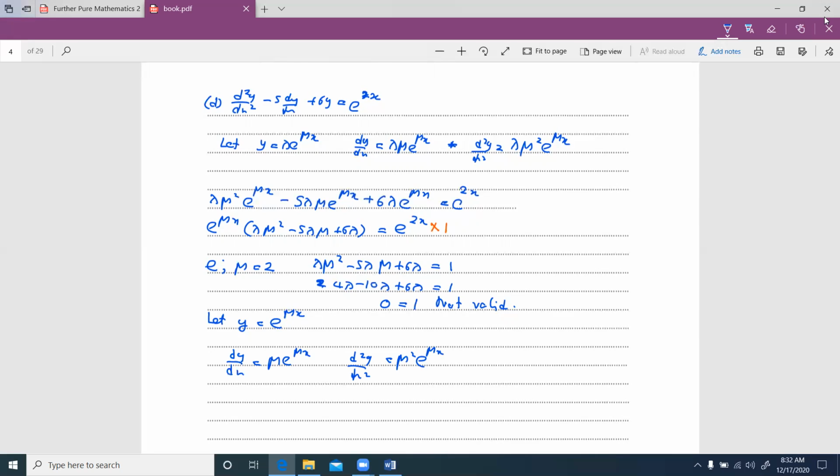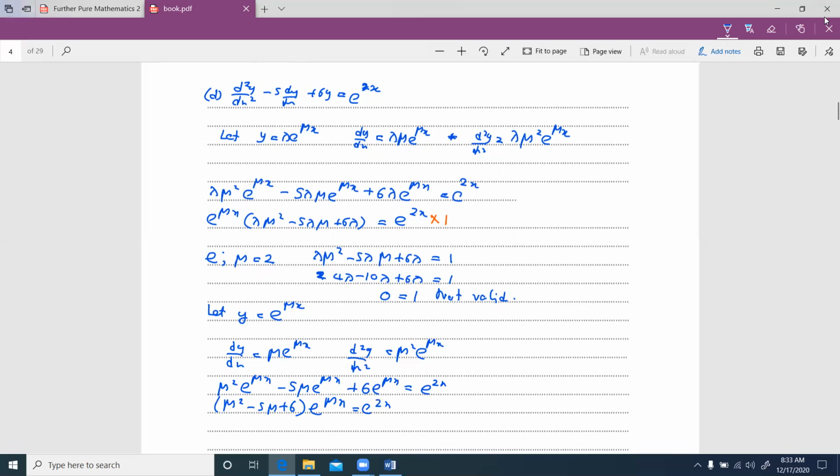It turns up to mu squared e to the power mu x minus 5 mu e to the power mu x plus 6 e to the power mu x is equal to e to the power 2x. So mu squared minus 5 mu plus 6, into e to the power mu x, is equal to e to the power 2x.